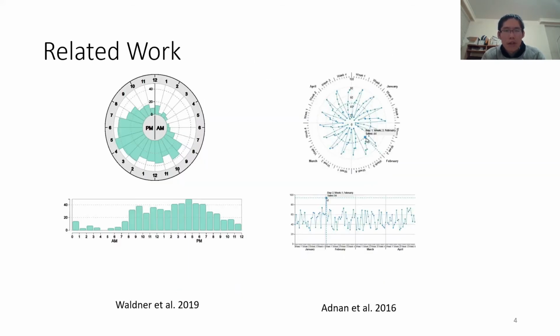However, existing literature found that polar charts generally are less effective than linear charts. For example, Warden and others compared human readability of time series data with daily patterns, finding that for low-level tasks such as locating extrema and comparing values, linear charts are faster than polar charts.